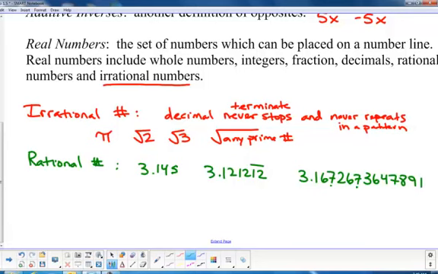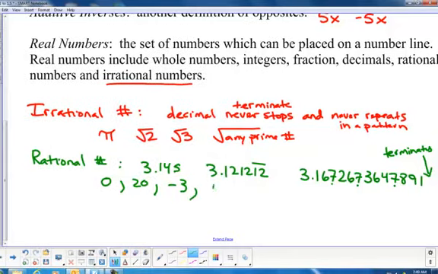There are a bunch of 7s, but it doesn't repeat in a pattern. So this terminates. It stops. So that's how we know it's rational. It's also all the other numbers, 0, 20, negative 3, fractions, 4/5.